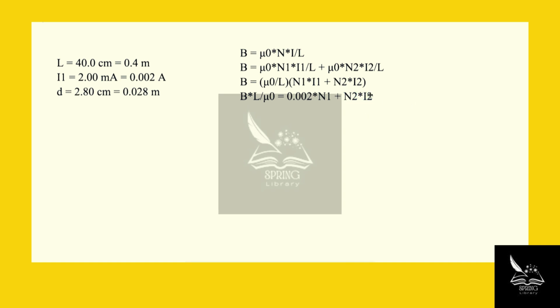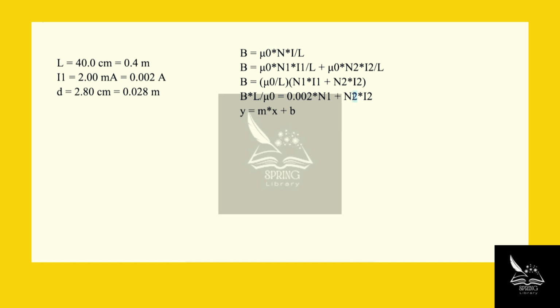So now if we take a look at this graph that is plotted, basically what's going on is we're varying I2. So we're going to change the current in I2 and see what happens to this over here. Now, if we take a look at the form of this, this is the equation for a regular line, y equals m times x plus b, because N1 and N2 really are constants here.